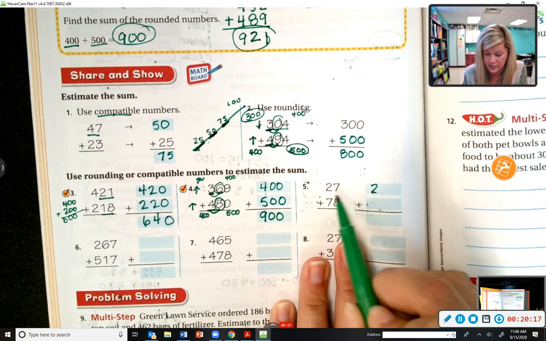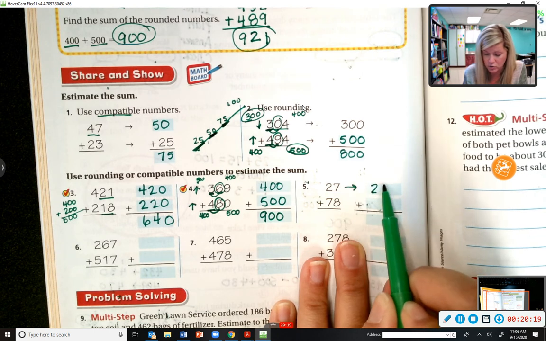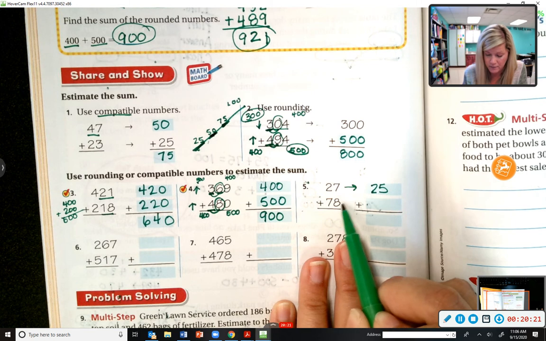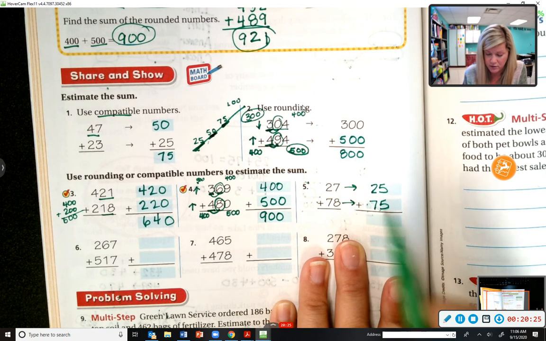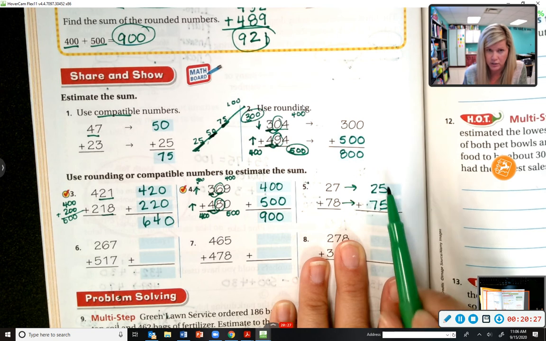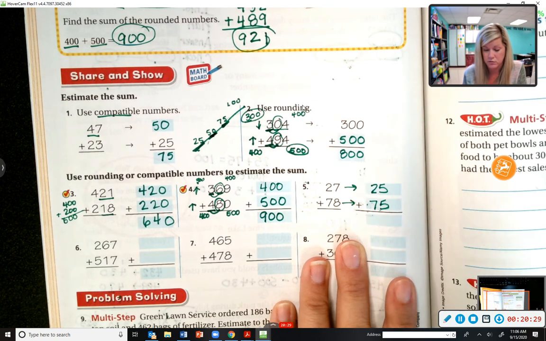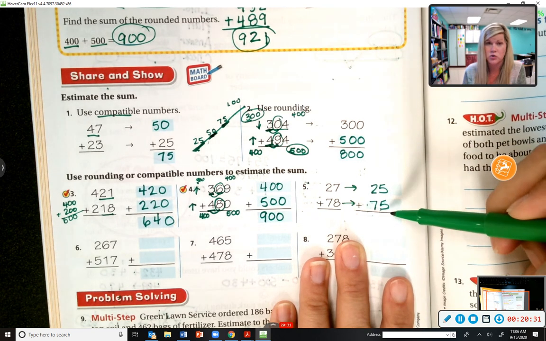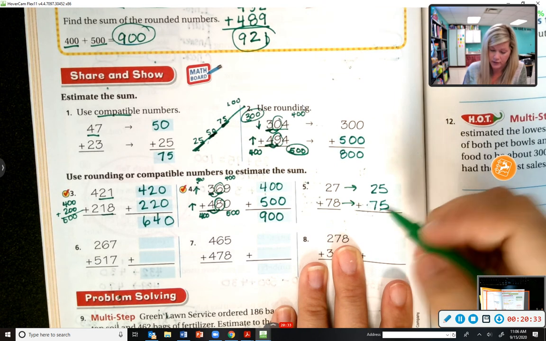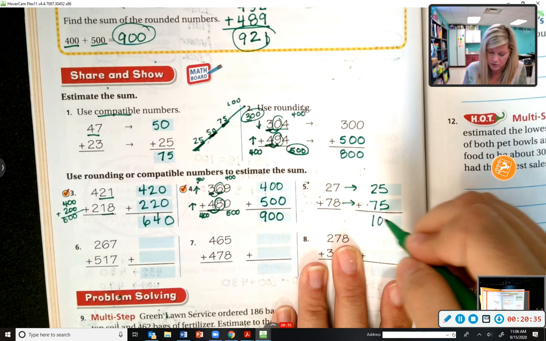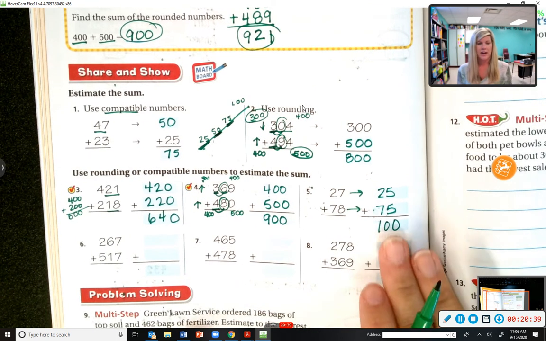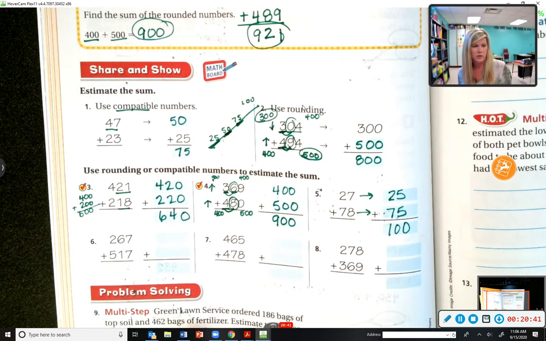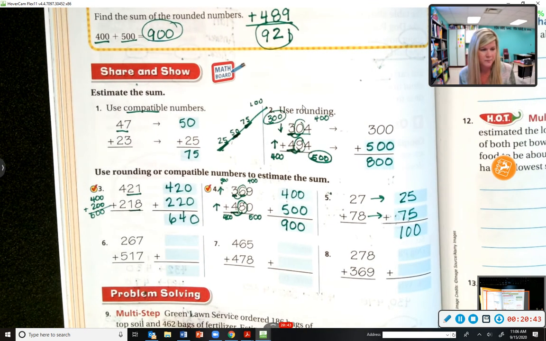So let's take 27, we're going to change it to 25. 78 is really close to 75. And I know that these two go together really well because they make 100. Or 1/4 plus 3/4 makes $1. So that would be compatible numbers that we used.